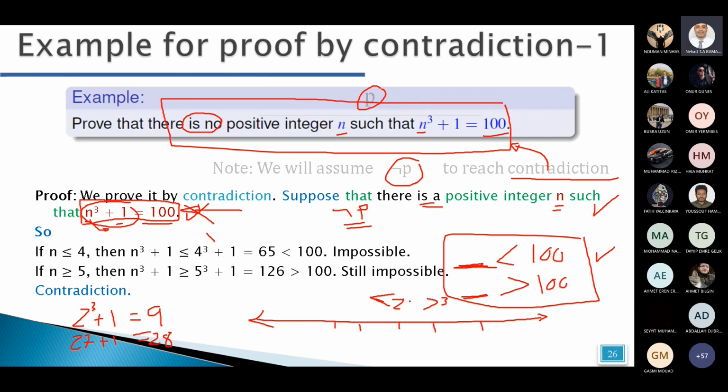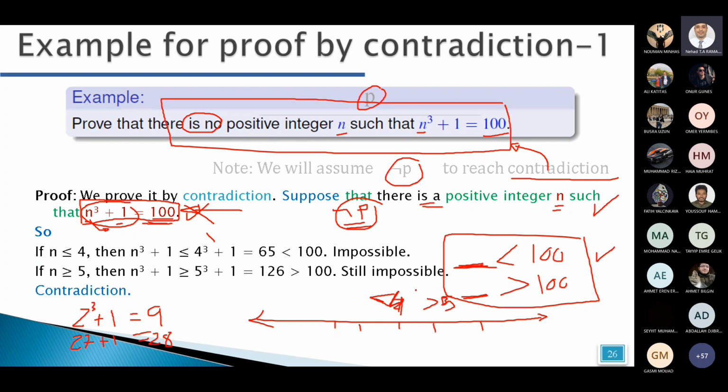Okay. So we try now to take 4 and 5 to prove that any number less than 4 or more than 5, this means all the numbers, will not give us 100, then not B is not correct, then B is correct.